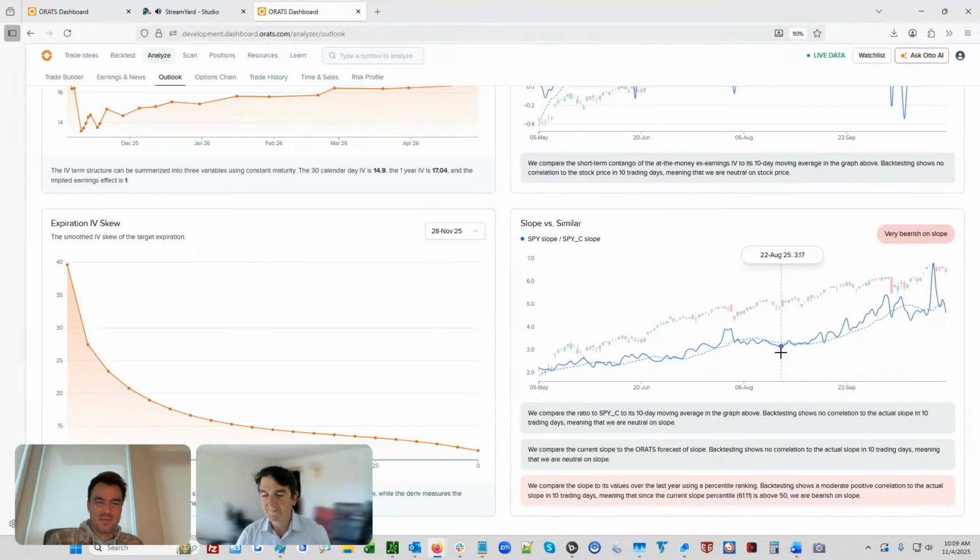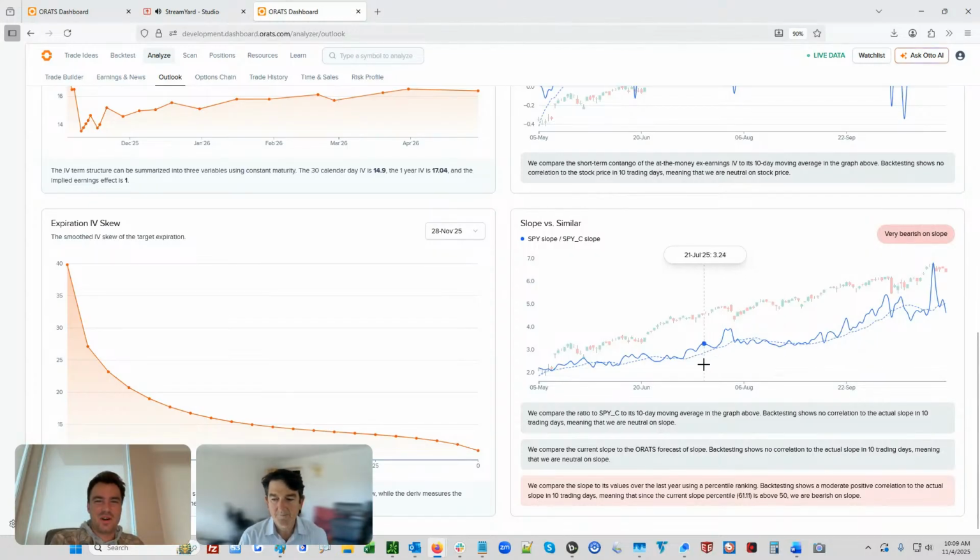And one thing very unique about ORATS is that all of our indicators quantify the entire volatility surface. The volatility surface is a big thing, and to quantify it the way that we do, so that we can make sense of what's happening, is really interesting.